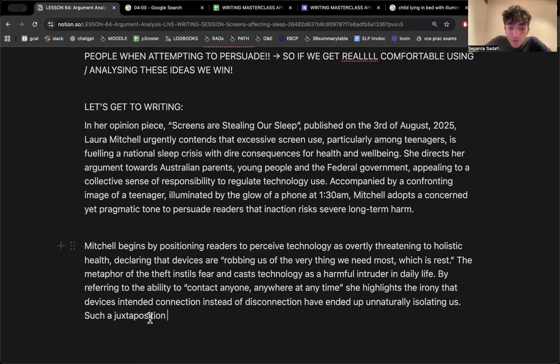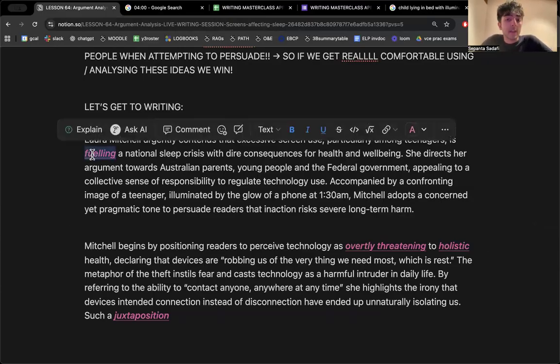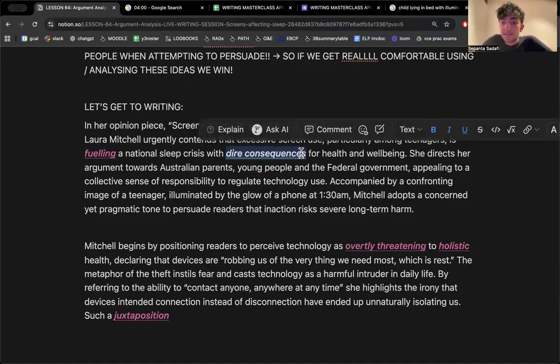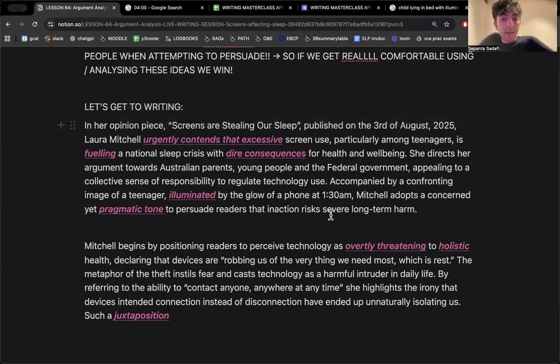Now, such a contrast, such a juxtaposition. Now, look at the words I'm using. Juxtaposition, overtly threatening even, right? Holistic, right? What else have I said that's somewhat sophisticated? Fueling, dire consequences, illuminated, pragmatic tone, contends, urgently contends that excessive, collective sense of responsibility.